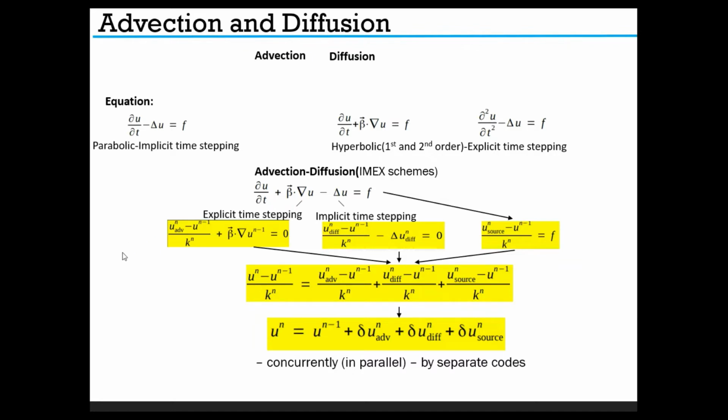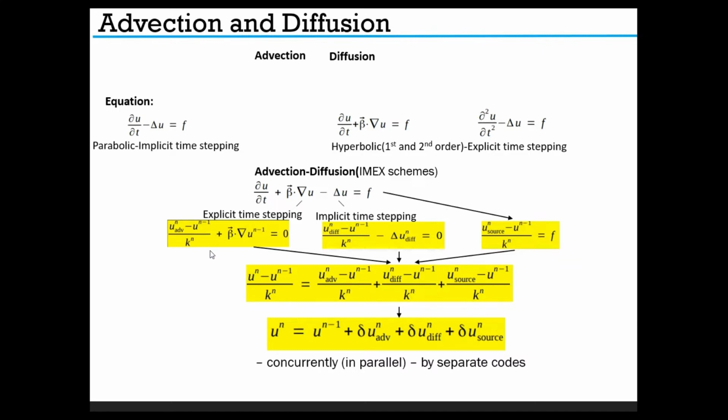And for advection and diffusion cases, the IMEX schemes can be used. So this is the advection term, and that can be easily solved by explicit time stepping. And this is the diffusion term, where implicit time stepping is suggested, and these are the right side.